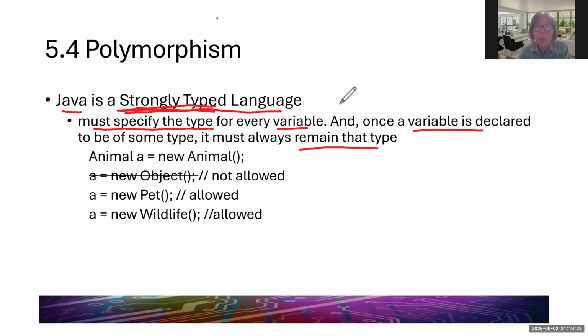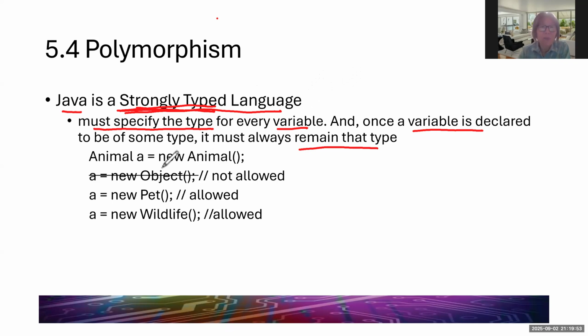That's completely different from Python. In Python, the variable can change. You can initially associate it with a string object, and later on you can associate it with a person object. That's allowed in Python, but that's not allowed in Java, because when you declare the variable type, you cannot change it.